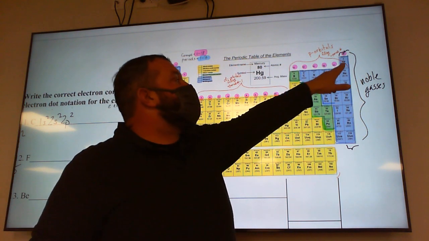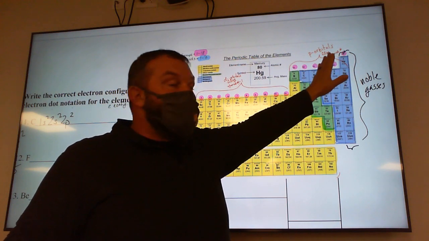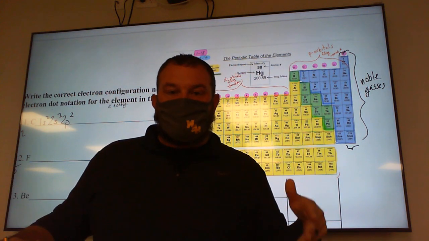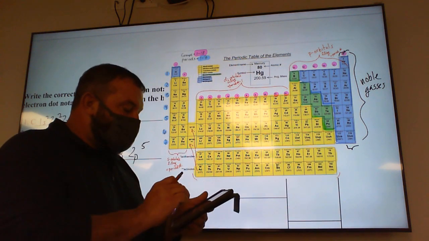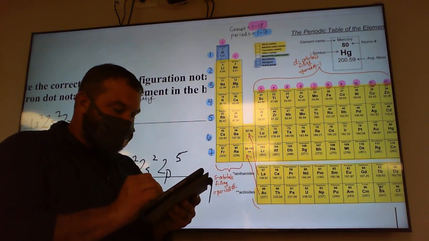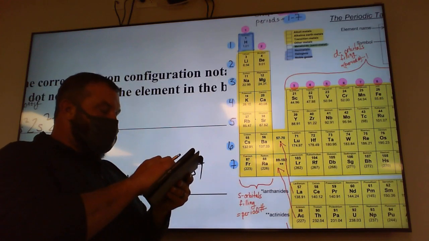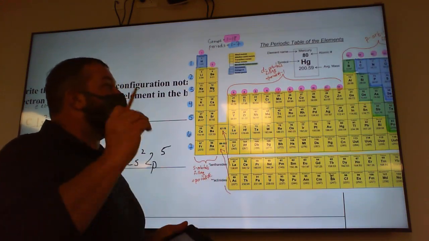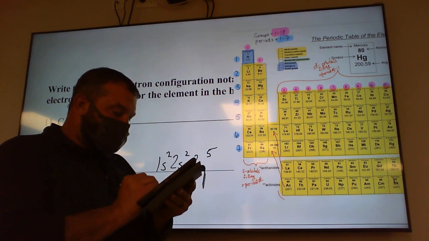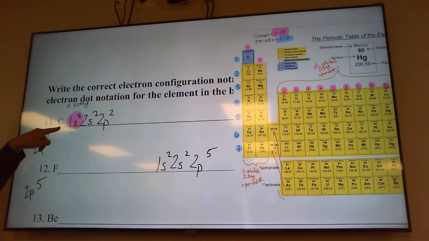Helium's electron configuration is 1s2, right? We know that. If I said draw out helium's electron configuration, you would put 1s2 and that would be helium. So your abbreviated or shorthand electron configuration will use the noble gases to account for those individual configurations. For example, this right here is essentially helium.